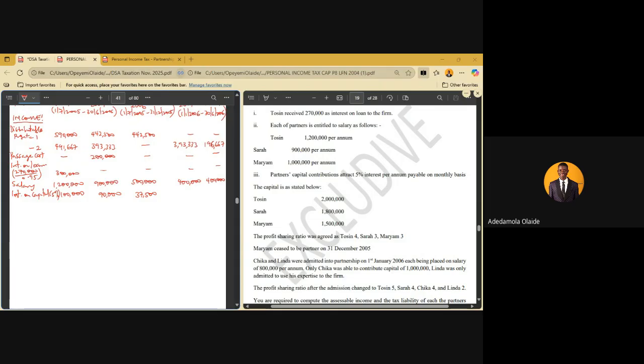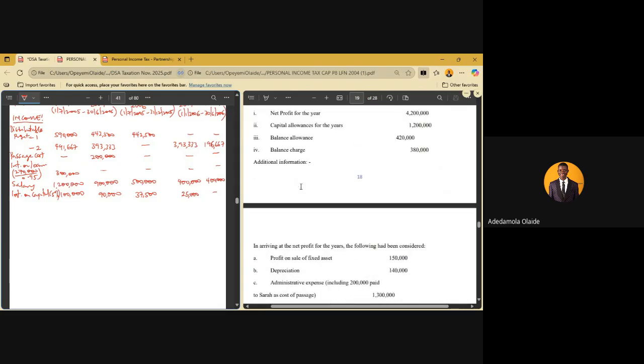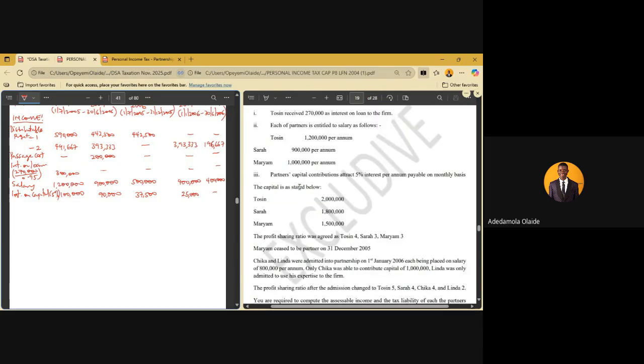Is it 50 or 25? 5% of... it shouldn't be 50,000, it should be 25,000. They will only pay Chika for half of the year, since he only contributed the capital for half of the year. Okay. And Linda did not even contribute anything. Aside that, what else do we have? I think that is all we have.